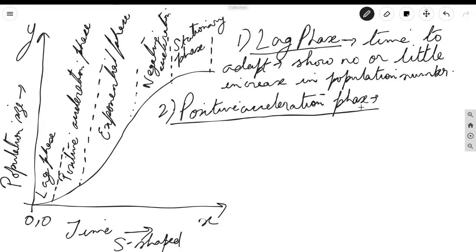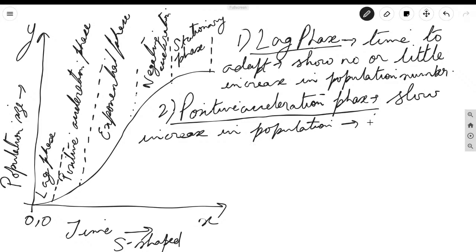Once you have been able to sustain or withstand natural selection, now you are going to commence the process of reproduction, right? So in the first few hours or first few minutes, depending upon the culture and the species, you are showing increase in the population number, but that is quite gradual. That is known as positive acceleration phase. Slow increase or gradual increase in population at the very beginning.